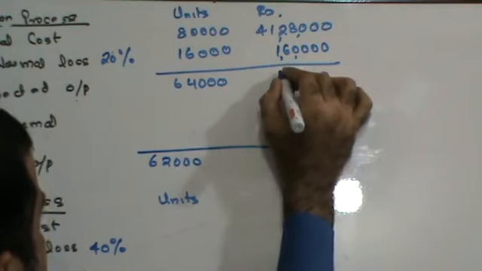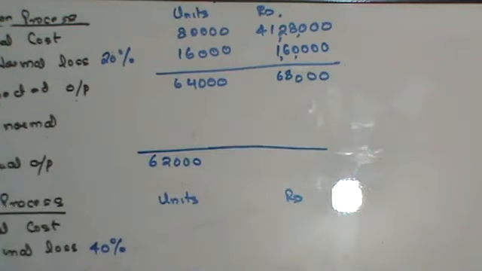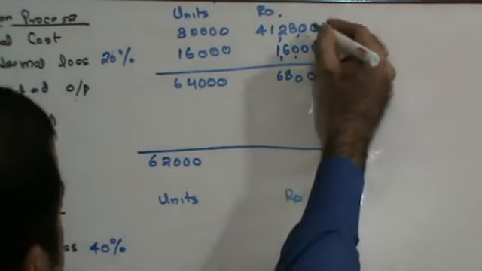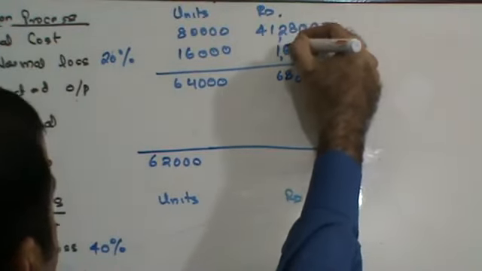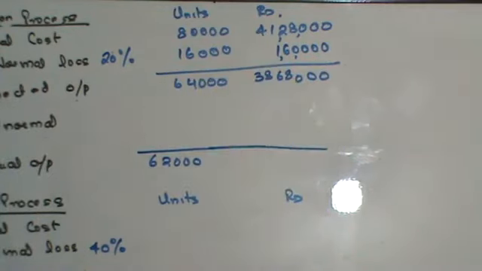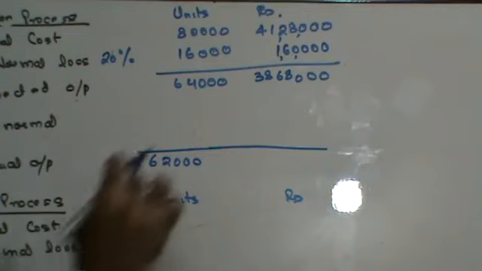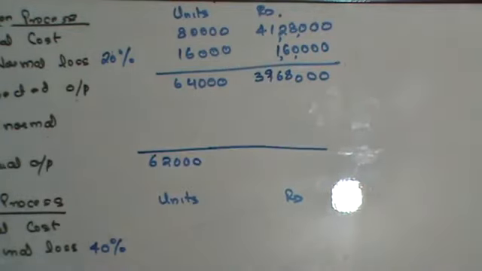When you subtract, 41,28,000 minus 1,60,000 is 39,68,000.